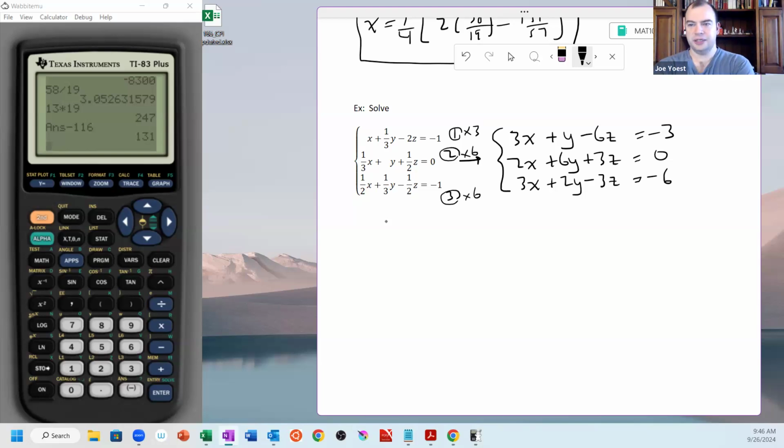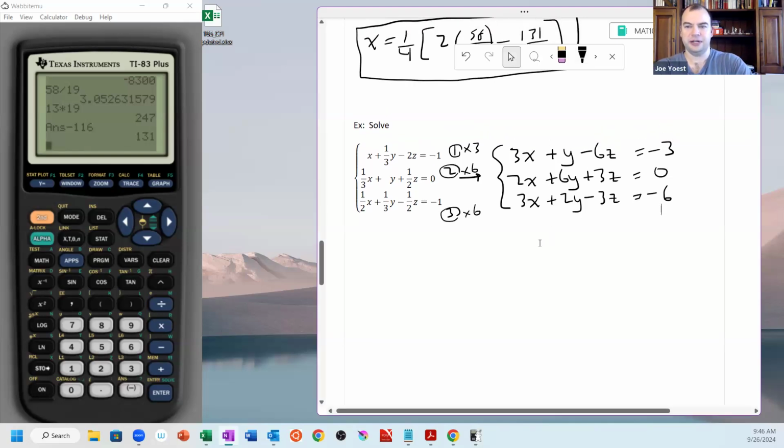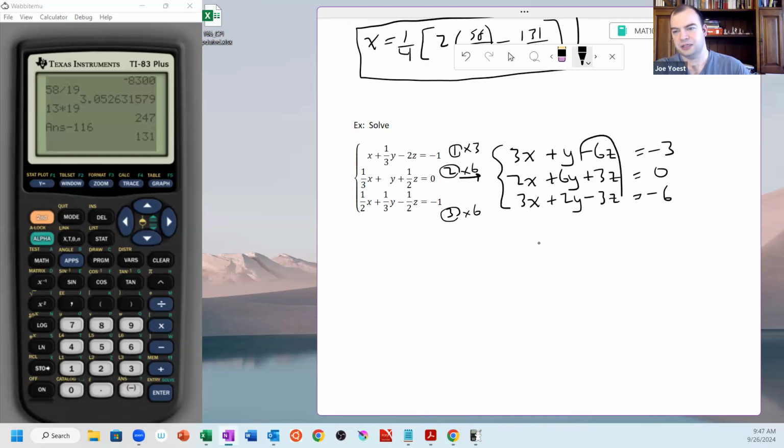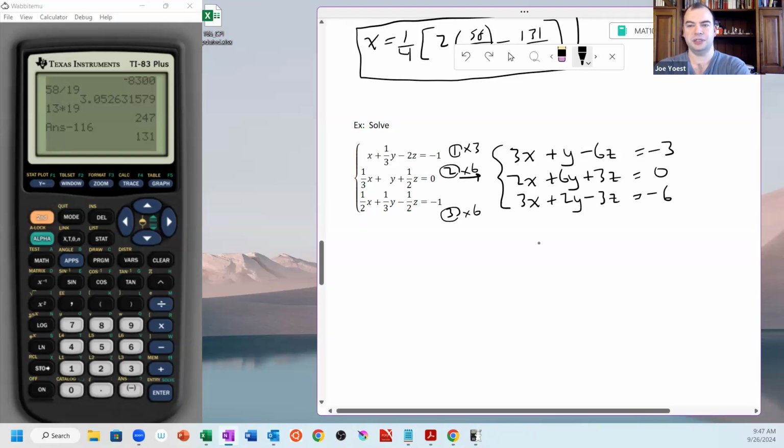So now my goal is to try to identify a variable that I can get rid of. I would like to go from a 3x3 system to a 2x2 system. I want to identify a variable I can get rid of fairly easily. And I actually see that the coefficients of z seem to kind of work together all nicely.